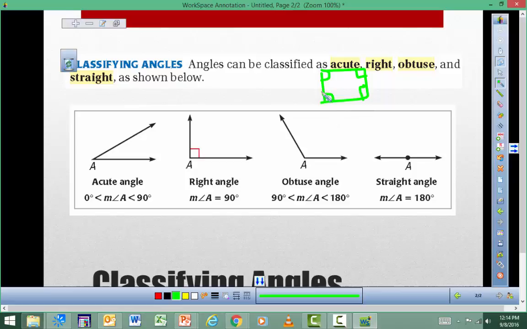And it's true for a rectangle as well. So what that means though is that the right angle is exactly 90 degrees. And if you get an angle that's bigger than 90 but less than 180, then we say it's obtuse. And finally, a special angle here is a straight angle. It makes a straight line. So those are ways that we classify angles.